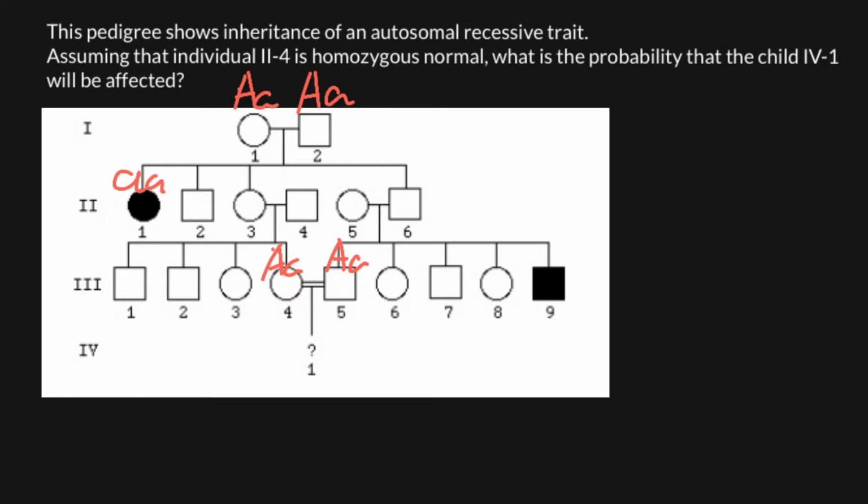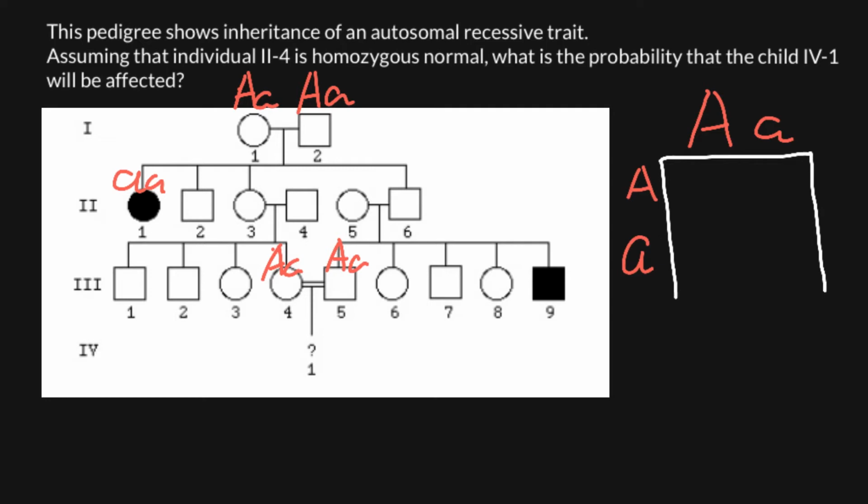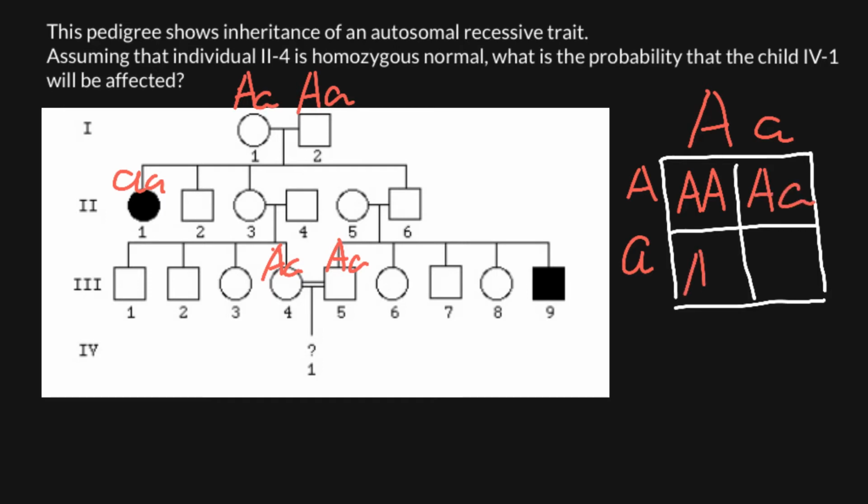Let's build a Punnett square. We know that the female here is heterozygous because they have an affected daughter. The male here is also heterozygous, so we put the genotypes on the sides, and we can see the probability for them to have an affected child, an unaffected child, or a child who is a carrier: phenotypically normal, but able to pass the defective allele to the next generation.